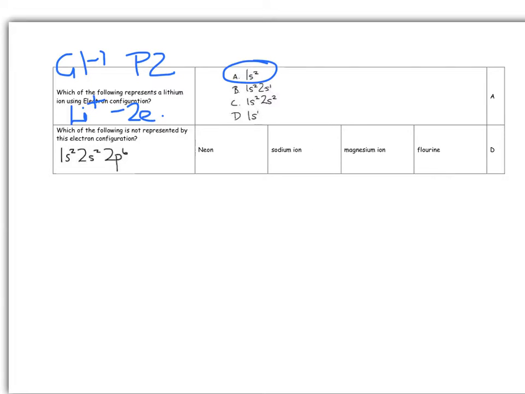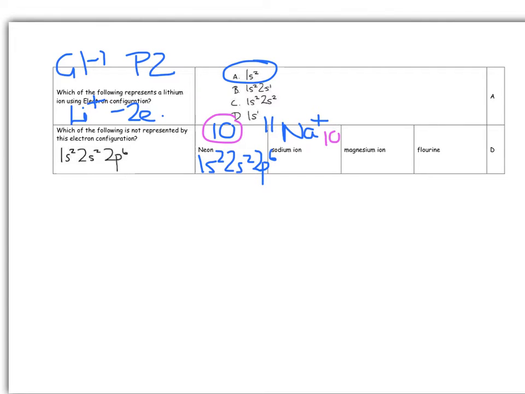Which of the following is not represented by this electron configuration? Well, neon is 10 electrons, 1s2, 2s2, 2p6. Sodium, the sodium ion, would normally be Na with 11 electrons, and it is in group 1, so it loses 1 of those electrons to become Na+, and it's then got 10 electrons, which is exactly the same as neon.